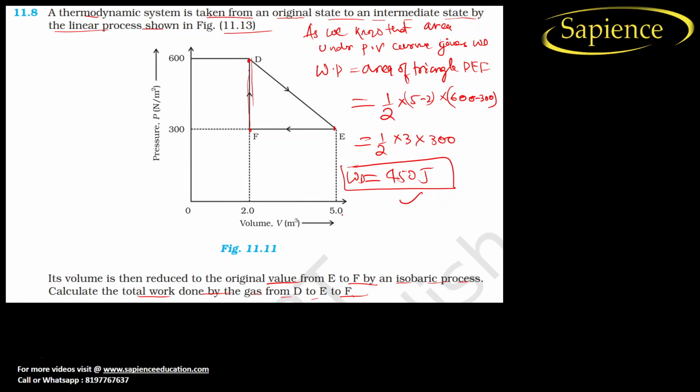This is a very simple example. Whenever you want to find the work done, don't go step by step. Just find the area under the whole cycle. Let us suppose there is a line on the pressure and volume diagram. If you want to find the work done between A and B, you have to find the area under this curve.